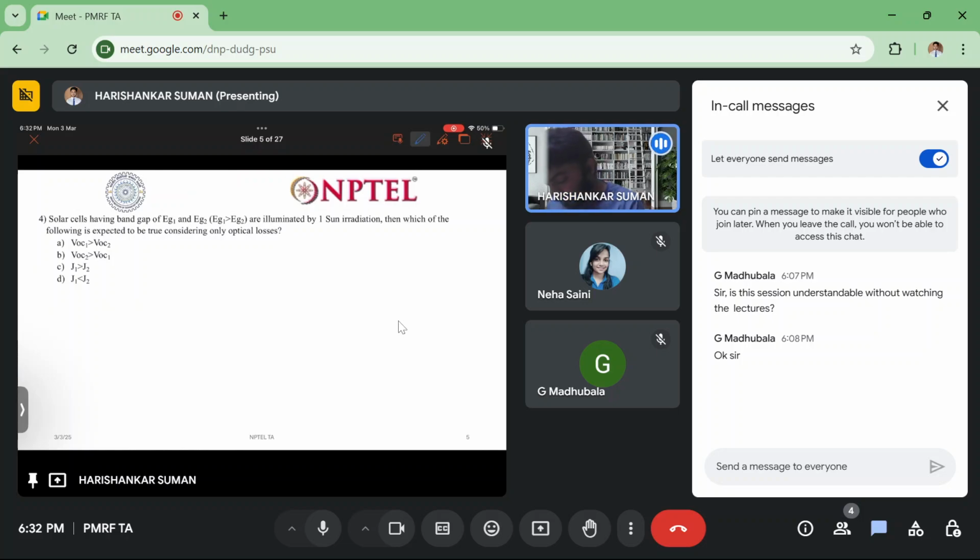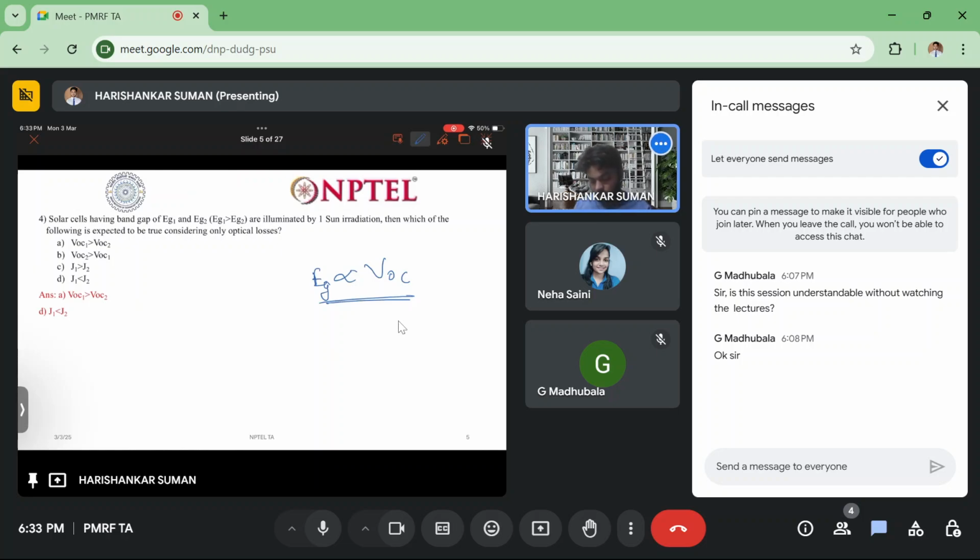So let me give it to you: band gap is directly proportional to VOC.